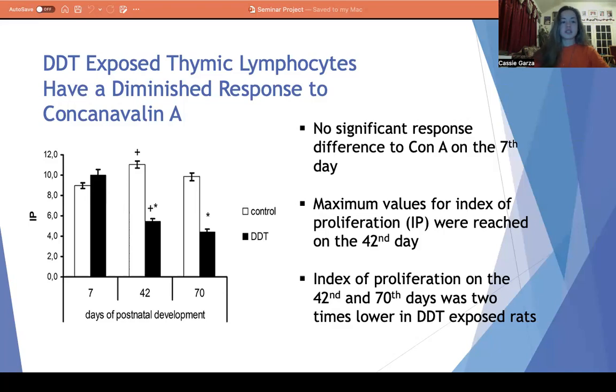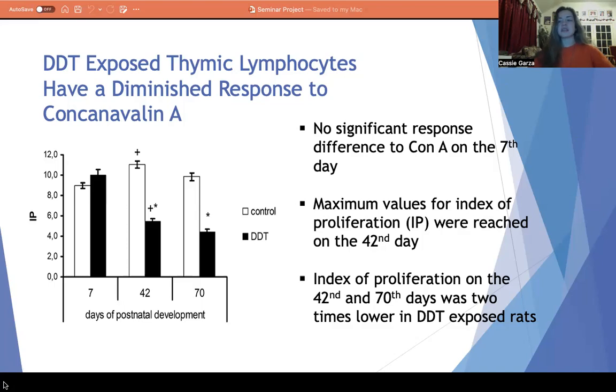So here you have the same x-axis, of course: the 7th, 42nd, and 70th days of development. And here on the left side is an index of proliferation, which is the measurement of that 3H thymidine nucleoside's incorporation with con A in the lymphocytes.